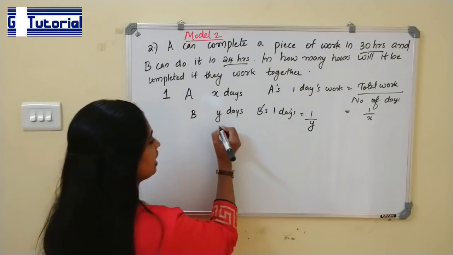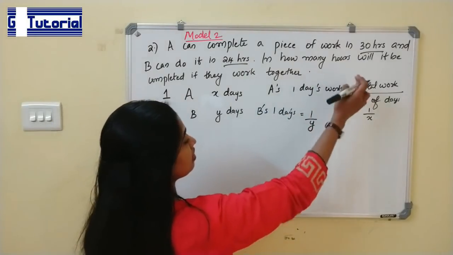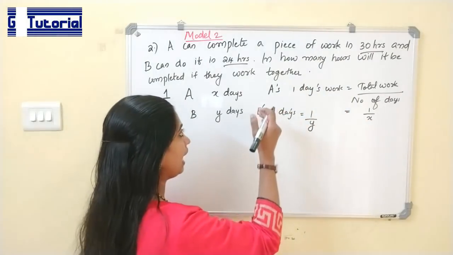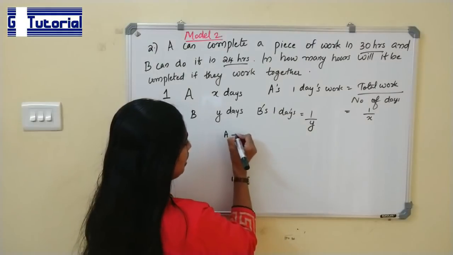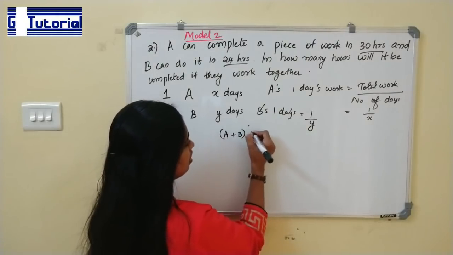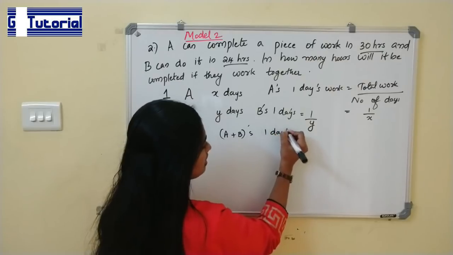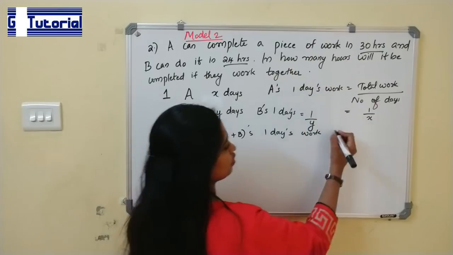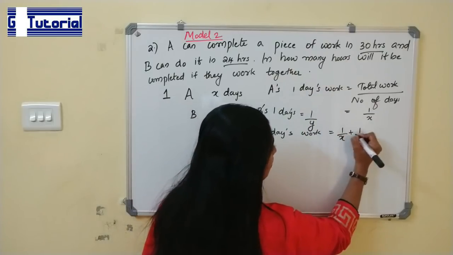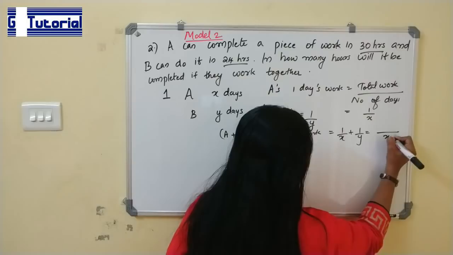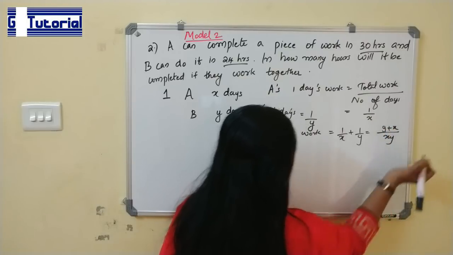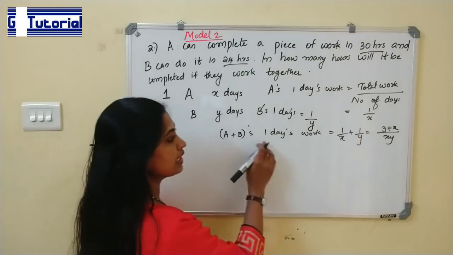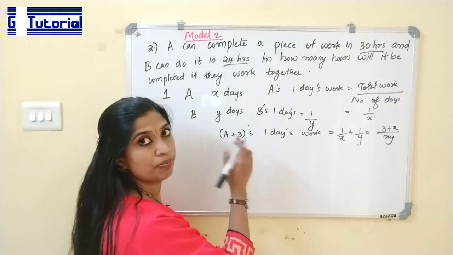We have to find the number of days taken by A and B to complete the work if they work together. So A plus B's 1 day's work is given by the sum of these two, that is 1 by X plus 1 by Y. If you solve this, the reciprocal of this gives the number of days taken by A and B to complete the work.